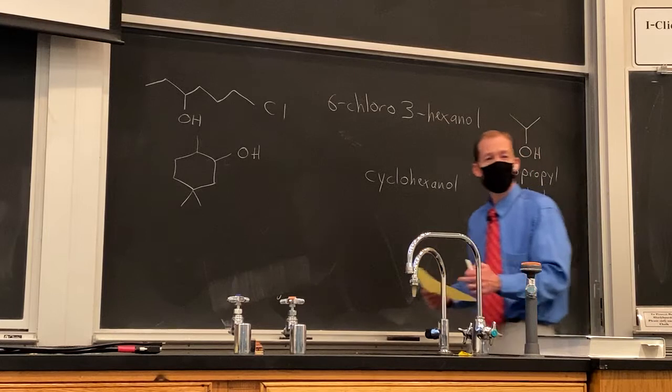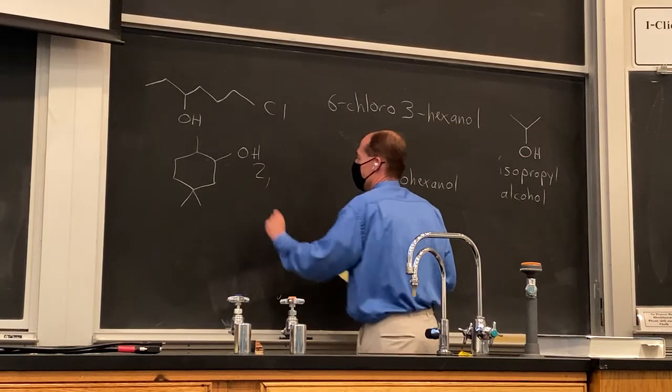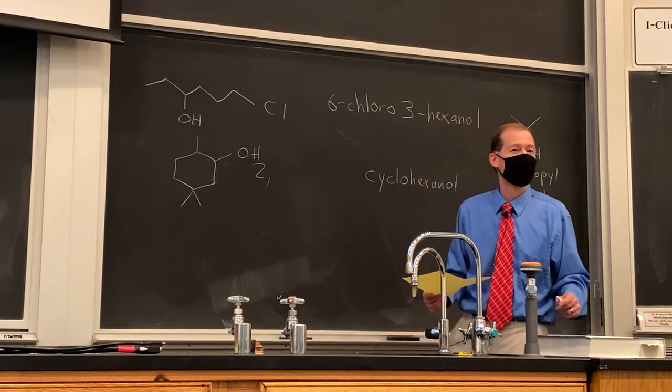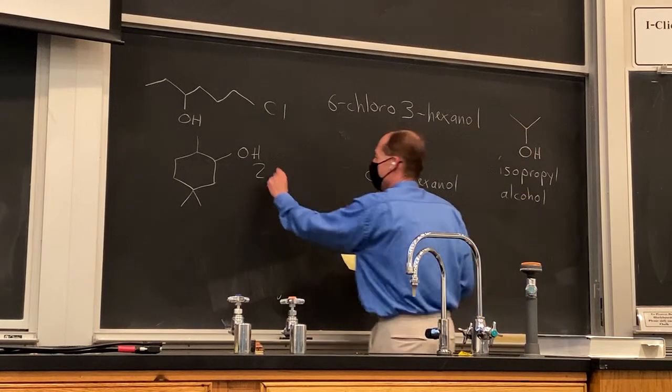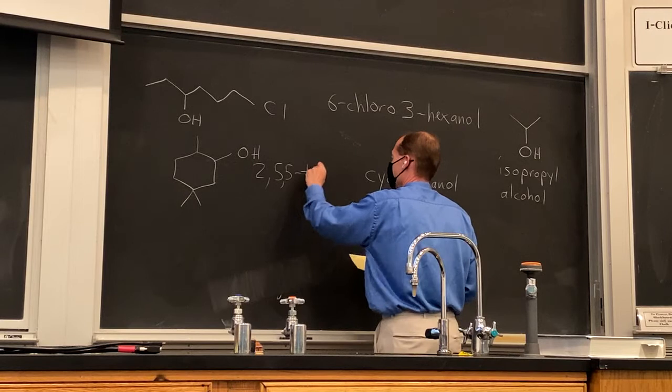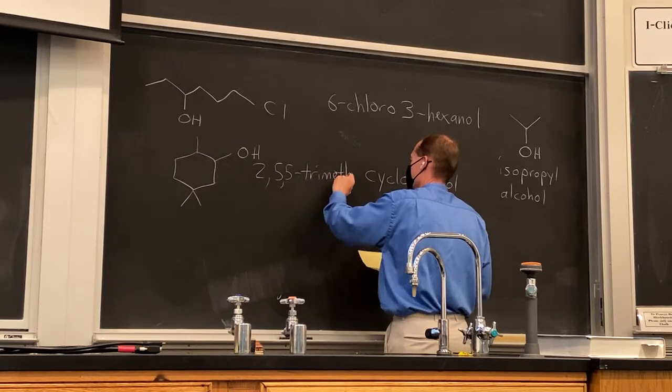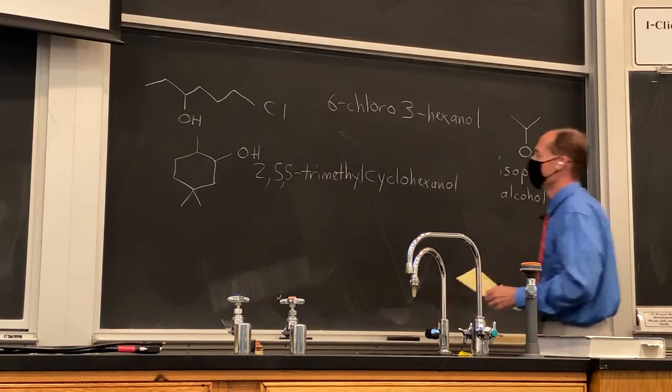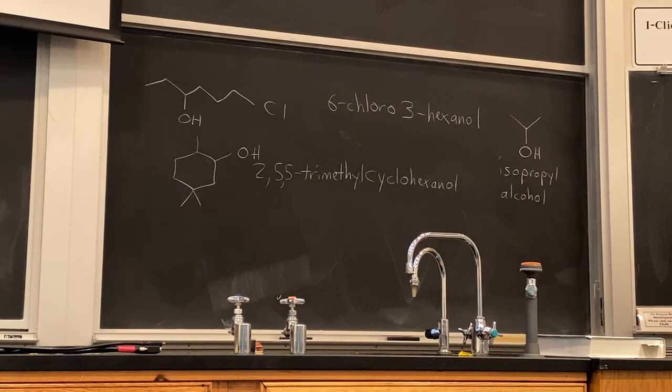Okay, I heard a 2. What else? 2,5,5-trimethylcyclohexanol. Okay, 2,5,5-trimethylcyclohexanol. Okay, so this is carbon 1 bearing the OH, and then we go counterclockwise in this case because we hit our first substituent next.